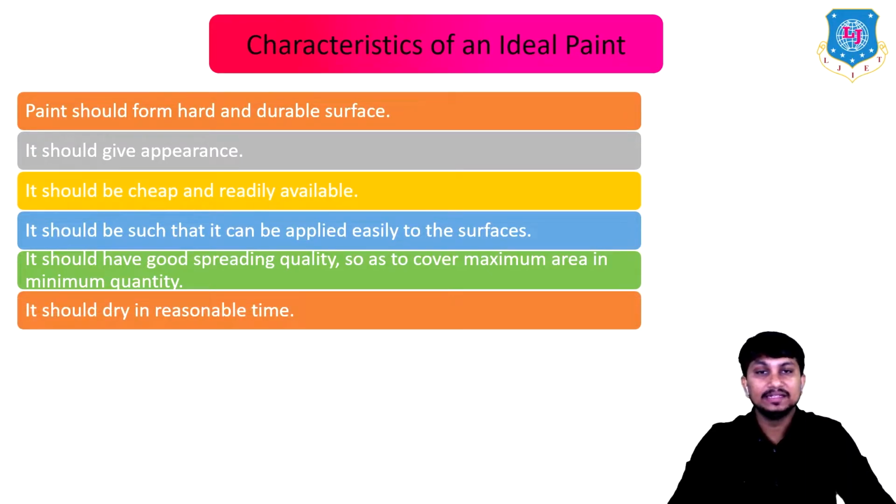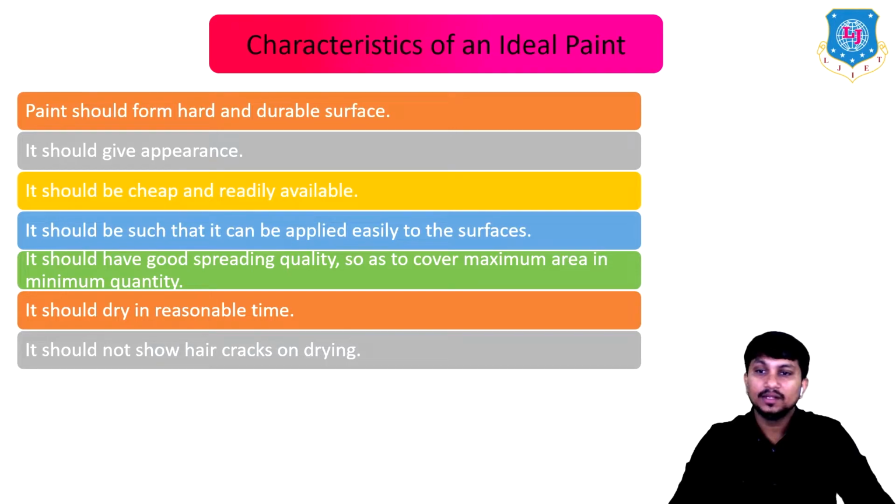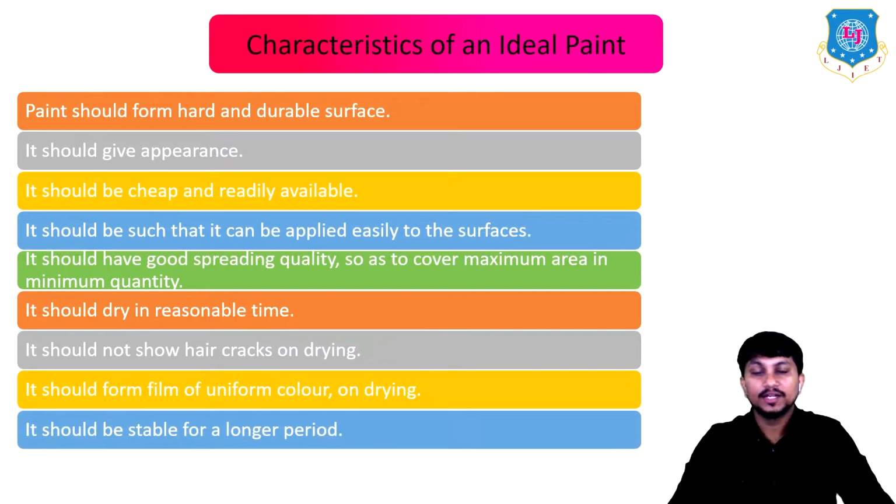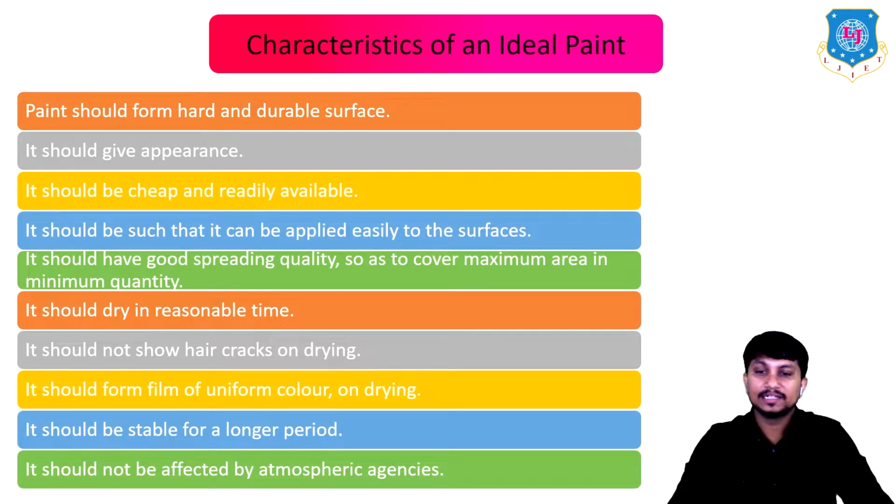It should dry in reasonable time. It should not show hair cracks after drying. It should form a film of uniform color on drying. It should be stable for a longer period, and it should not be affected by any atmospheric agencies. So these are the points to be remembered while selecting a good paint.